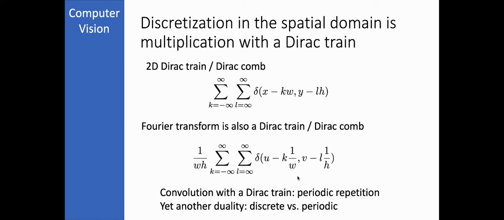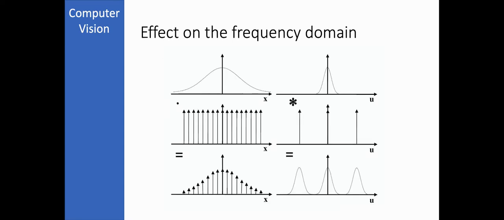Its separation in the frequency domain is 1 over W and 1 over H. So it's inverse. That means the finer the grid I use, the smaller the sensors, the further apart the Dirac comb will be separated, meaning that when I paste repetitions of the Fourier domain response of my image in different parts of the Fourier space, they will be further apart from each other.